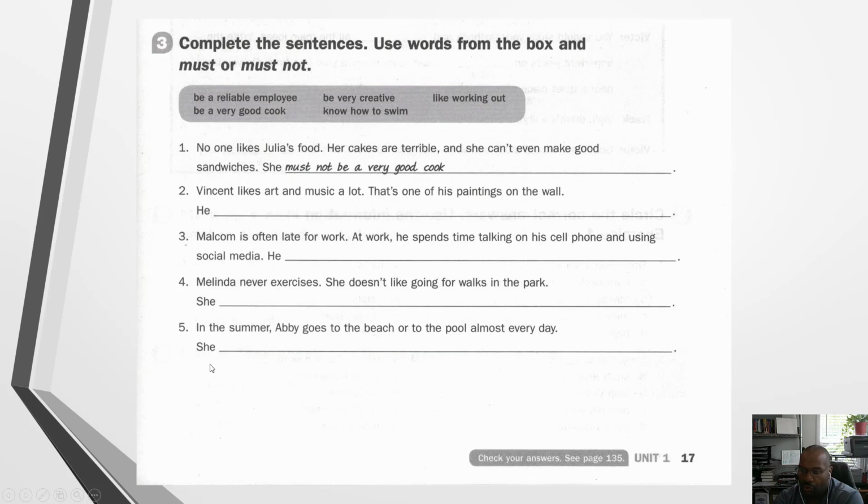So my logical conclusion was, she must know how to swim. Those are my logical conclusions to what we know. And hopefully we got the same information.